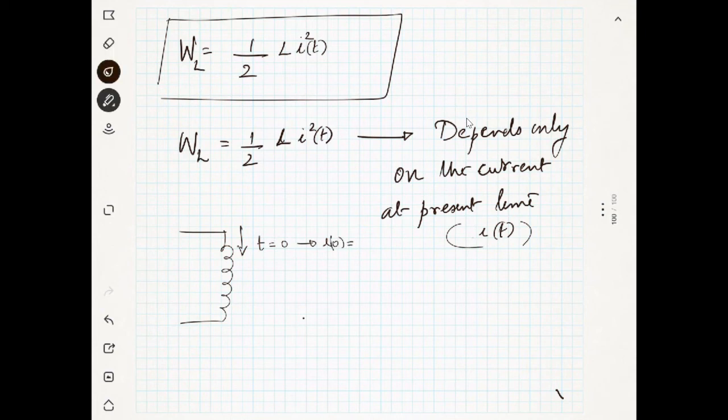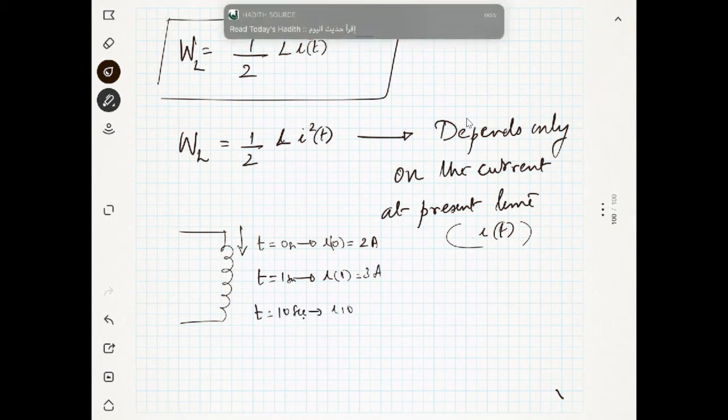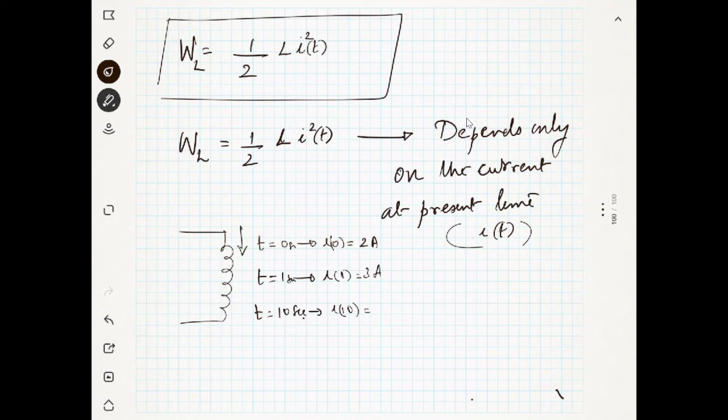Suppose i of 0 was 2 ampere, then at t equal to 1 second you have i of 1 equal to maybe 3 ampere. At t equal to 10 seconds, i of 10 is equal to maybe 9 ampere.